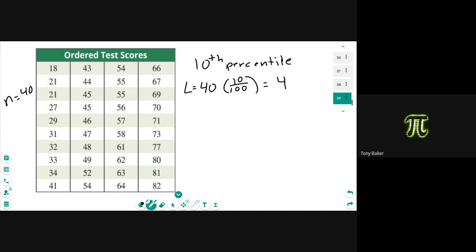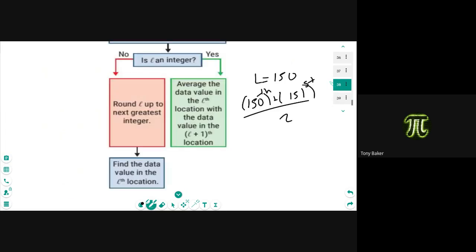That makes sense? I counted up how many numbers there were. I knew there were 40 of them because I pulled it. It's an integer, right? So for an integer, I average it with the next one up.